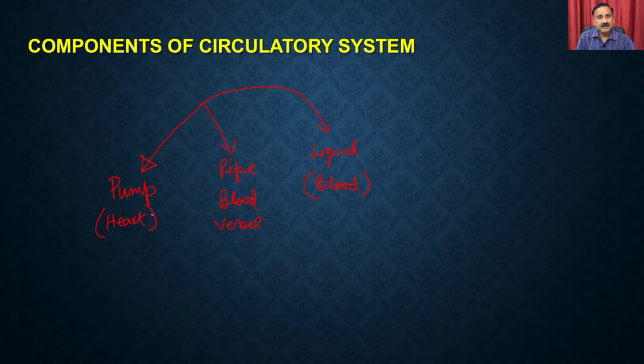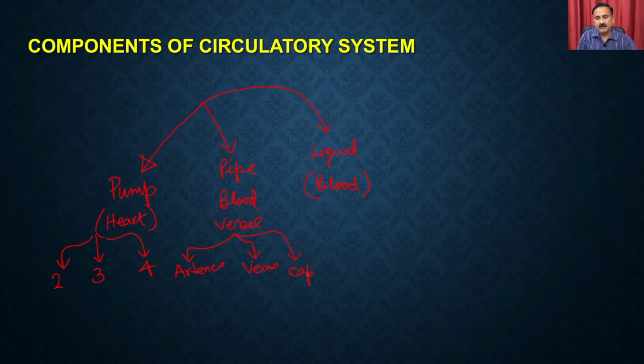As far as the pump is concerned, the pump can be of multiple types. It could be a two chambered pump, a three chambered pump, or a four chambered pump. The blood vessels can be of three different types: you can have the arteries, the veins, and the capillaries.